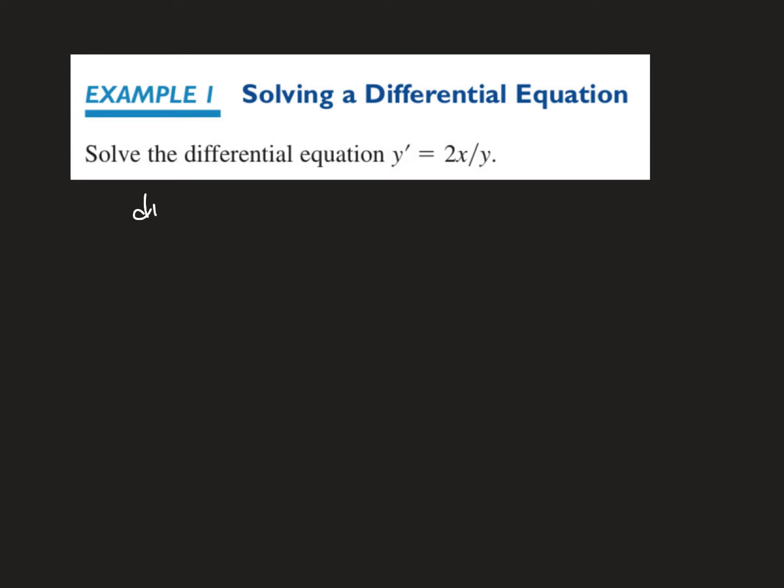So I actually prefer that notation with separation of variables because we can clearly see dy and dx as two separate pieces as opposed to just y prime. So we'll have dy dx equals 2x over y. I simply rewrote the problem using what's called Leibniz notation, and I hope I'm saying it right. I just looked it up on YouTube.